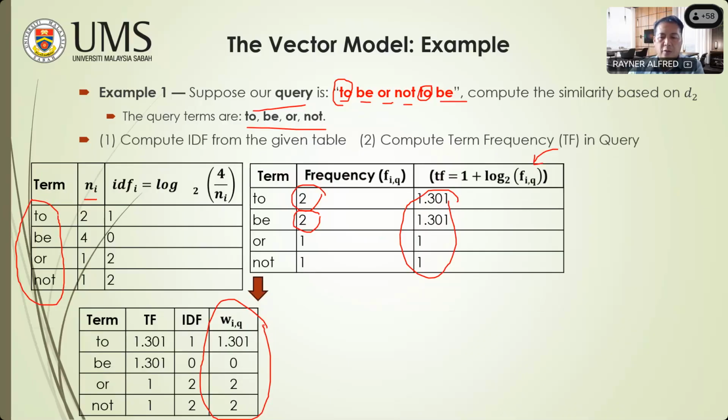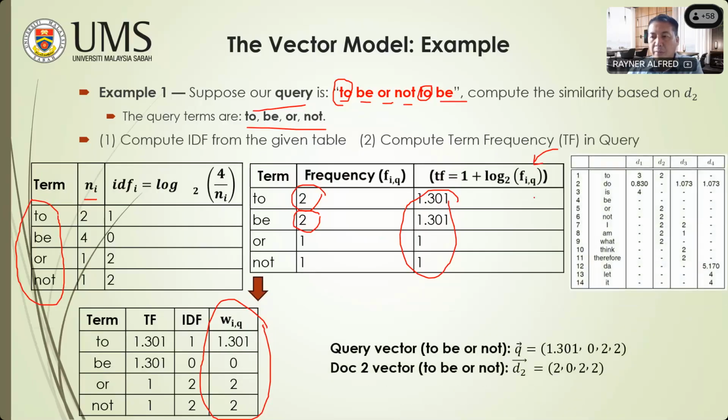Based on the example for document 2, you have this, right? For the query vector we have 1.3 and then 0 and then 2 and then 2. So this one refers to 'to be or not'.